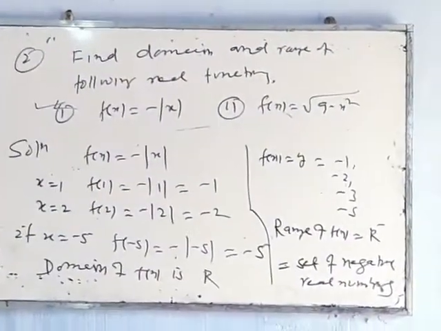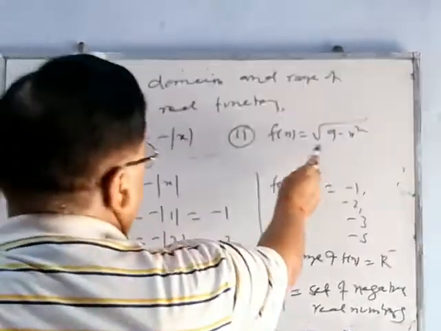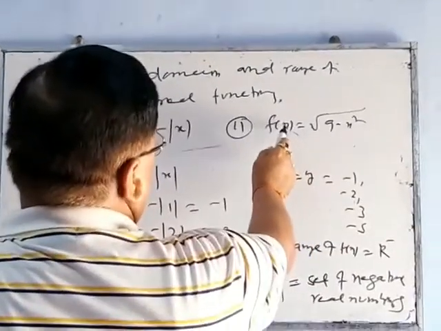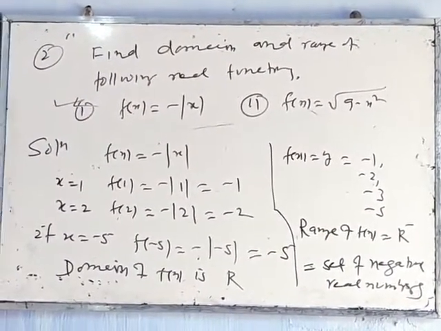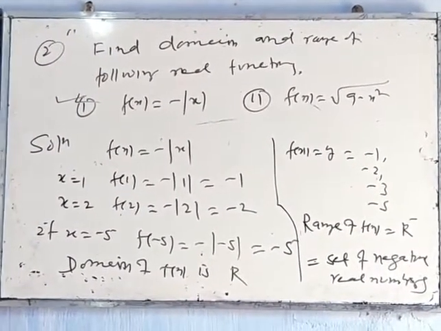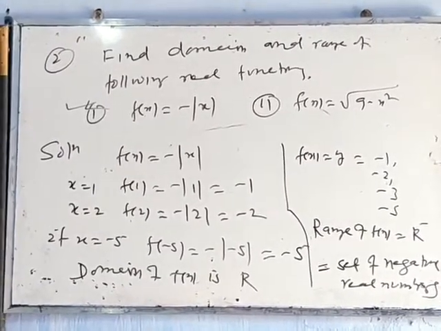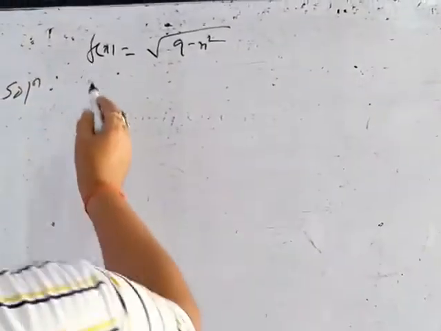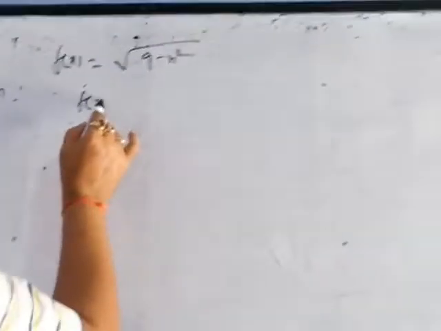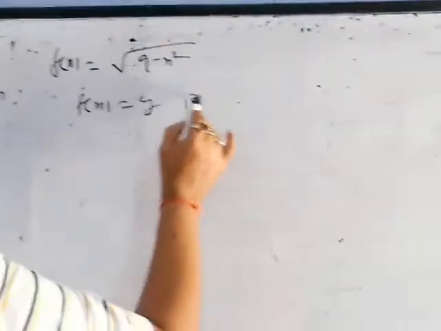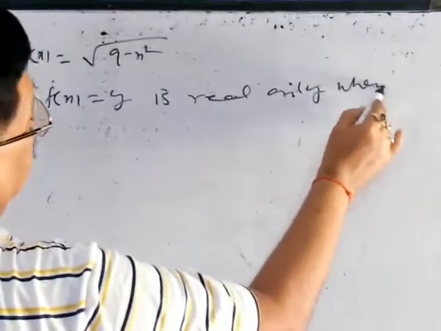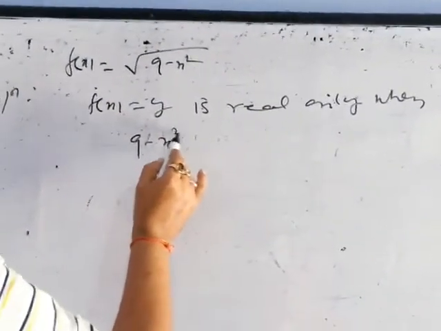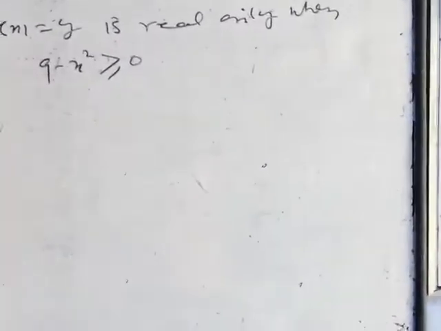Now we proceed for the second, find domain and range. Domain depends upon the value of x and range depends upon the value of y. So for the second, student, this is real, that is y is real only when 9 minus x square is greater than or equal to 0.